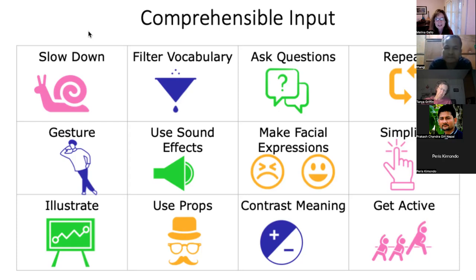Otherwise, if you are doing all the talking, you might assume that they understand, but they really don't. Because many times, even if people don't understand, they will smile and nod, and you think, okay, they've got it. And then you ask them a question, you realize, no, they don't.